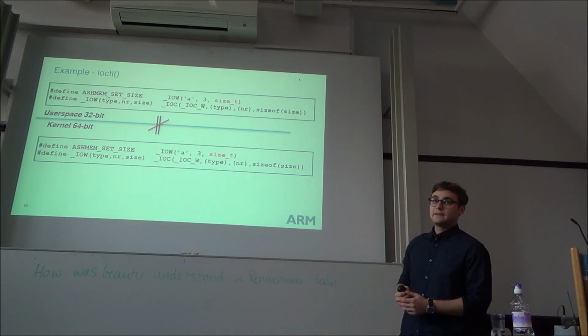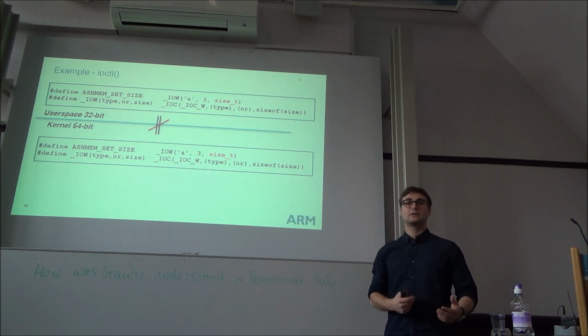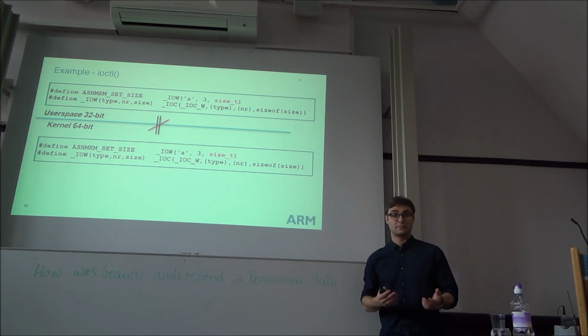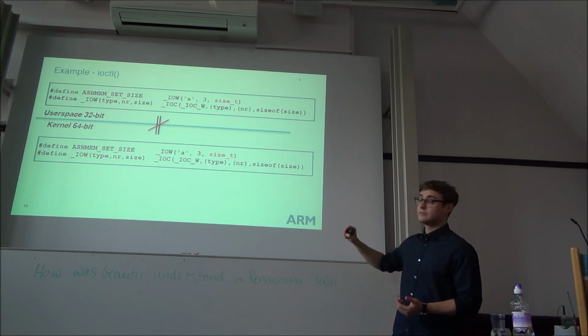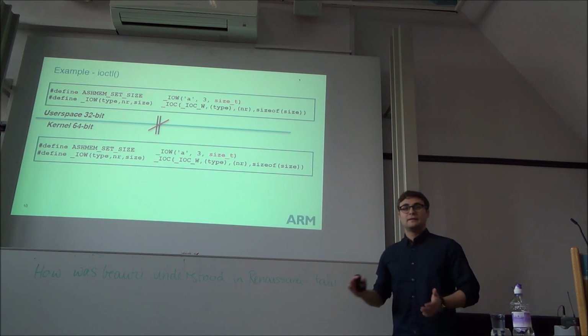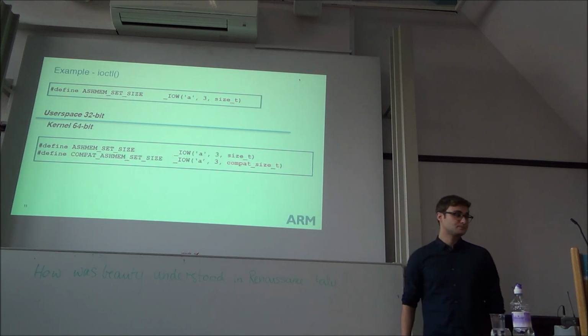You can see that I highlighted size_t. That's dependent on the compiler that you use. A 32-bit compiler would interpret size_t as a 32-bit value, while a 64-bit compiler would interpret size_t as a 64-bit value. So therefore, those two things, ASHMEM_SET_SIZE, are not the same between a 32-bit environment and a 64-bit environment.